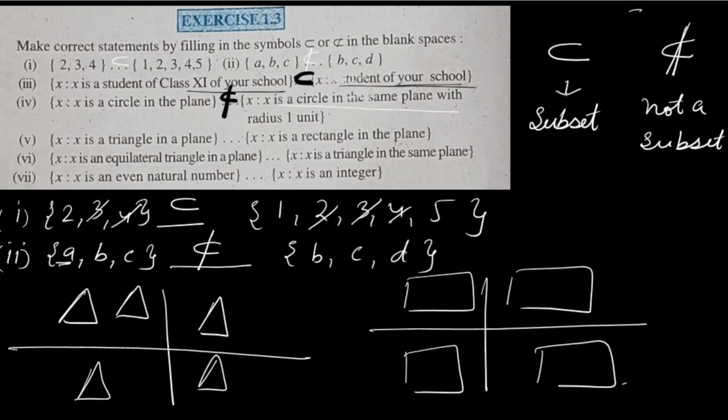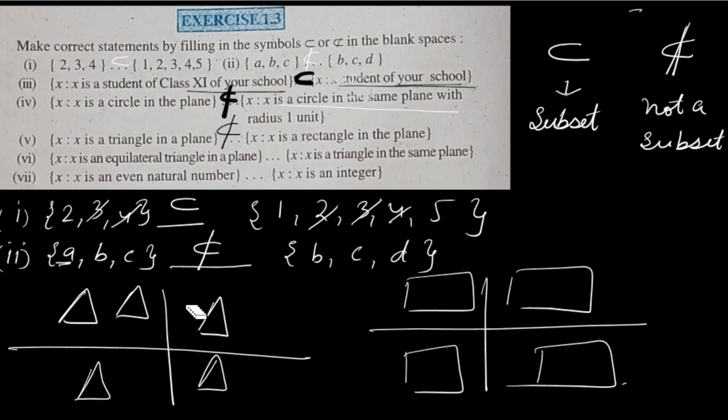So both the sets are completely different. If both the sets are completely different, that means this is not a subset. So some similarity should be there, common thing should be there. So X is a triangle, the set will have different types of triangle, can be any triangle, equilateral, isosceles, scalene, but rectangles will be different. So sets are entirely different. So which means it is not a subset.